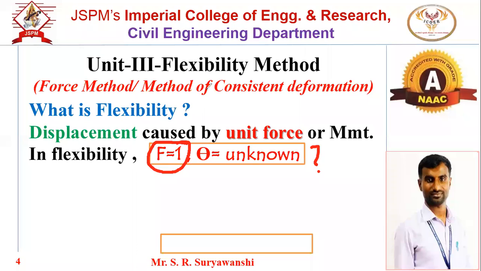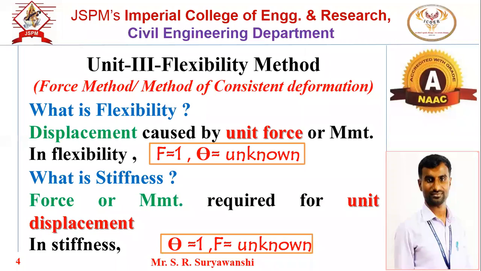That is unity. Flexibility and stiffness, unit number 3 and unit number 4, are exactly opposite to each other. Flexibility and stiffness are inverse to each other. In case of flexibility, we find the displacement due to the unit force. Now the next concept is stiffness. It is the force or movement required for the unit displacement.